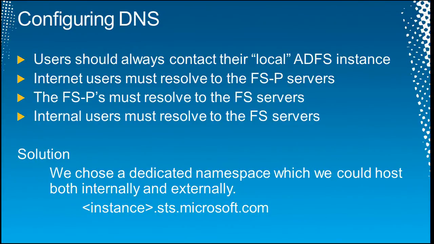So within MSIT, when we deployed ADFS across a geolocated infrastructure and were meeting this requirement of having both internal Federation servers and external Federation server proxies, we had a couple of requirements. Users should always contact their local ADFS instance.